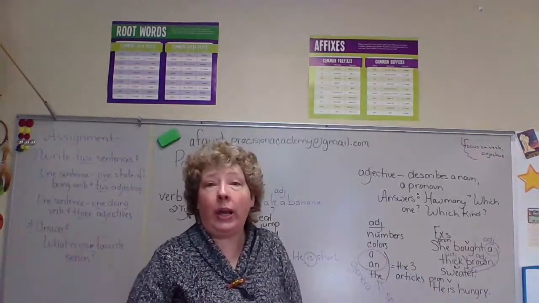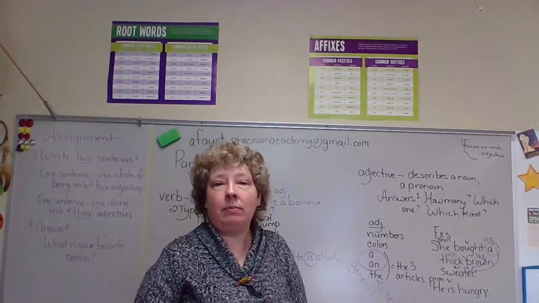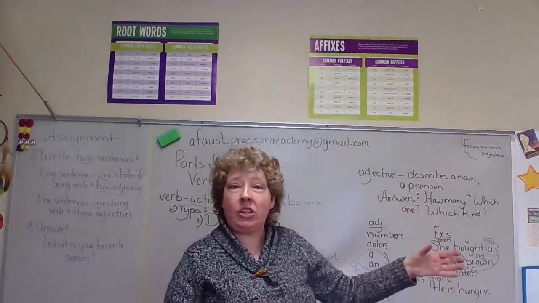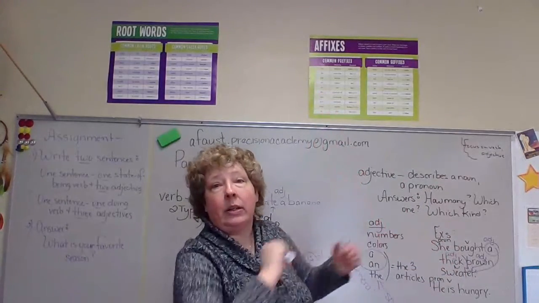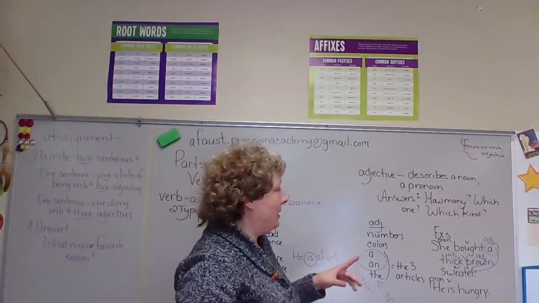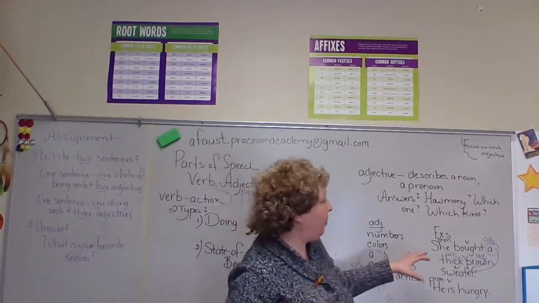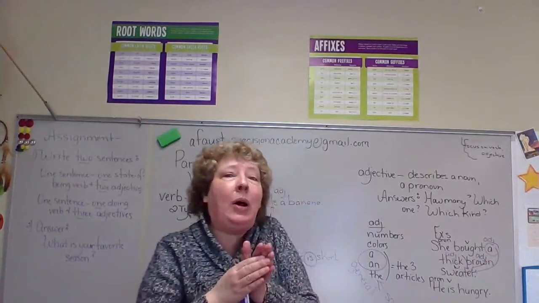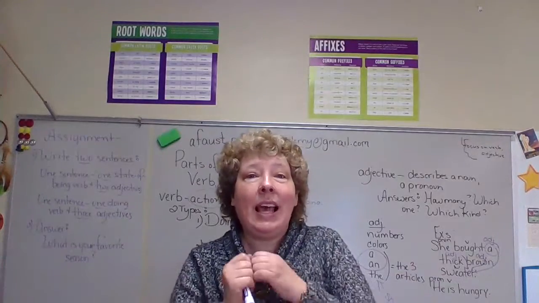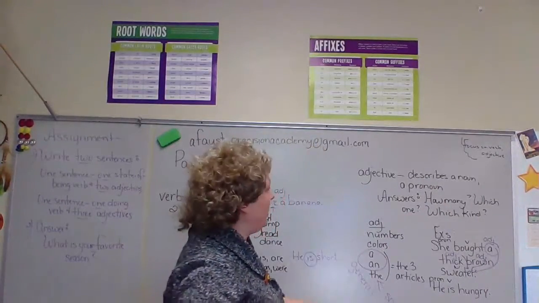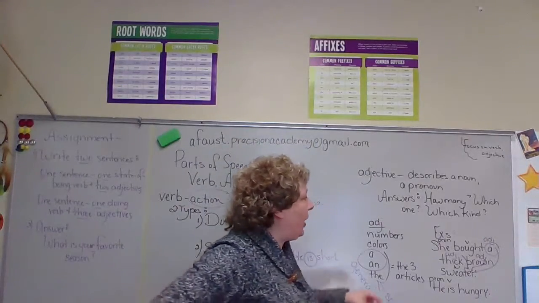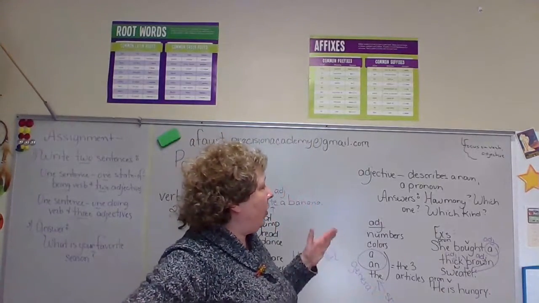The tall boy sang beautifully. The is an adjective. Tall is an adjective describing boy. This is a great example that shows you when we're talking about a noun, the adjectives will come before it. Because you would not say, she bought sweater a thick brown.